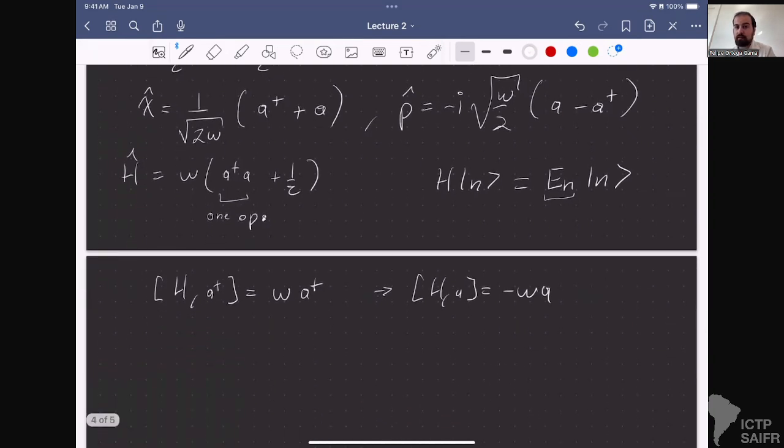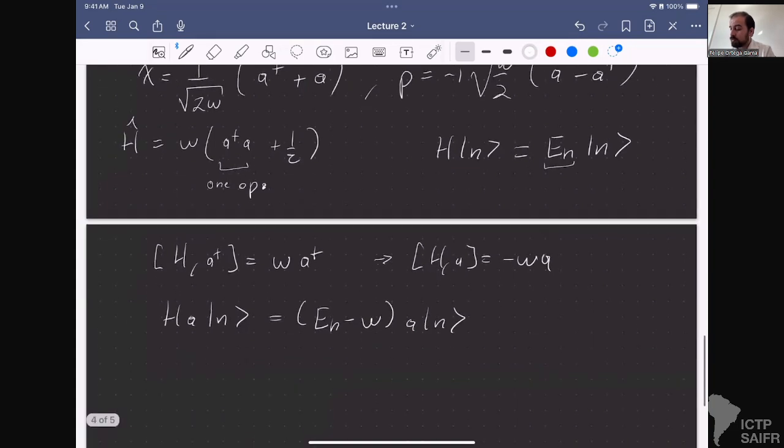And in that sense, we're going to find that, for example, HA acting on the state n, using the commutation relation, is going to be given by En minus omega times An. So this state is still an eigenstate of the Hamiltonian.